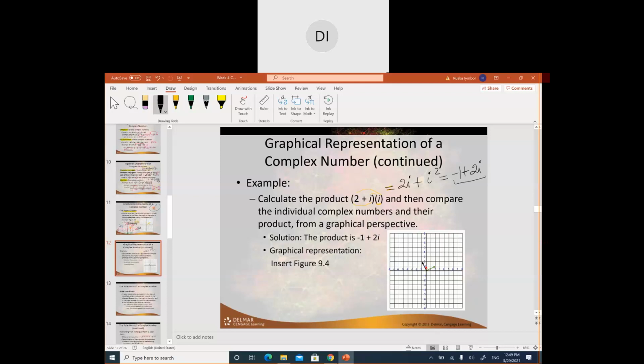Usually we write the real component in front and the imaginary component at the end. This is kind of an unspoken rule. When you have a complex number, the real component goes first and then the i goes at the end. Okay? So that's how you do the Argand diagram. Any questions so far?